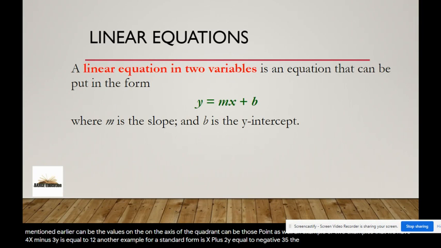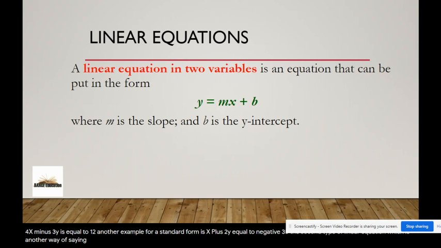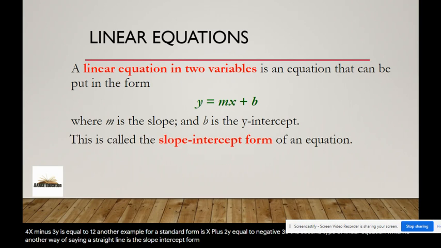The second type of linear equation, another way of saying a straight line, is the slope-intercept form. The slope-intercept form is written as y equal to mx plus b, where m is the slope and b is the y-intercept.